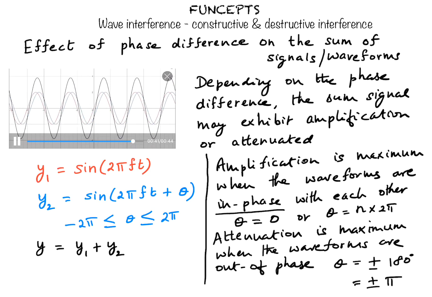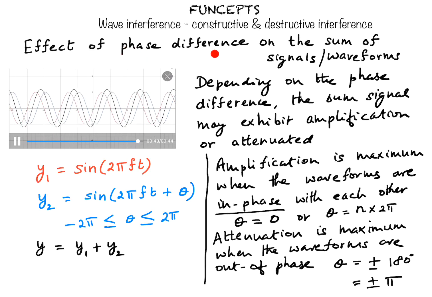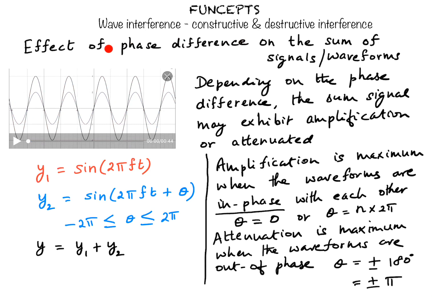So we notice that the phase difference between the waveforms has an effect on the sum signal. We call this effect wave interference, how the two waves are interfering with each other. The interference is said to be constructive when the waveforms are in phase, or at least the phase difference is such that there is some amplification in the resultant signal.